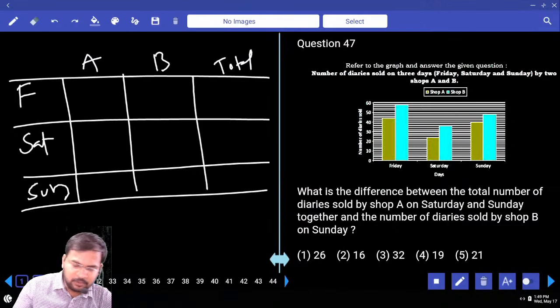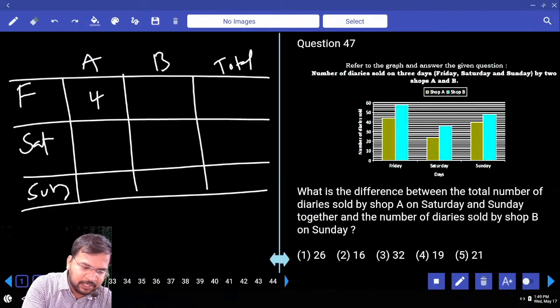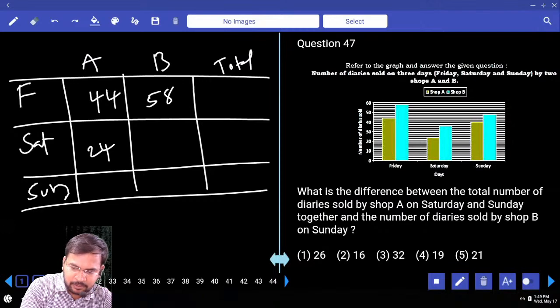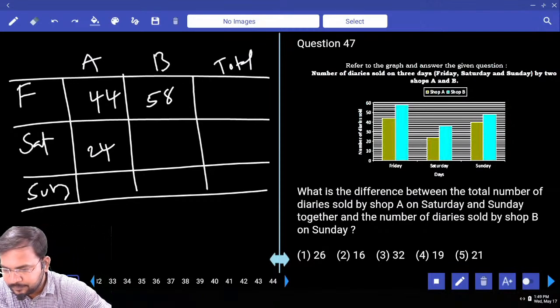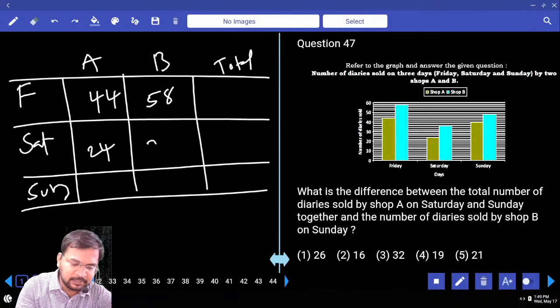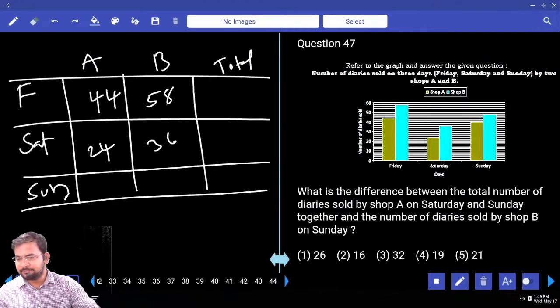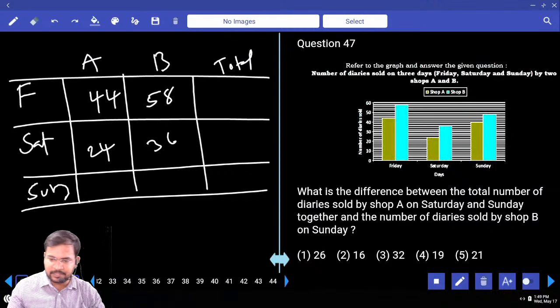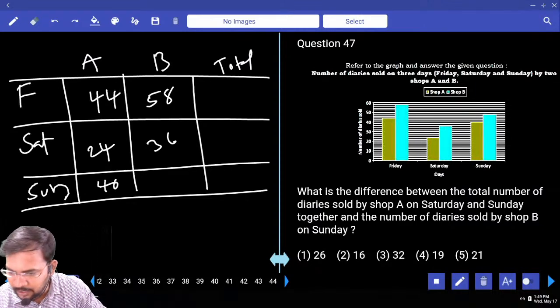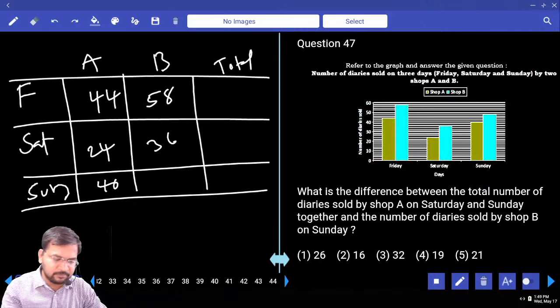Each one is 2. First one is what? 44. B, 50. Saturday, 24. B, 30. 30. 36. Sunday is what? 40. B, 40. 48.